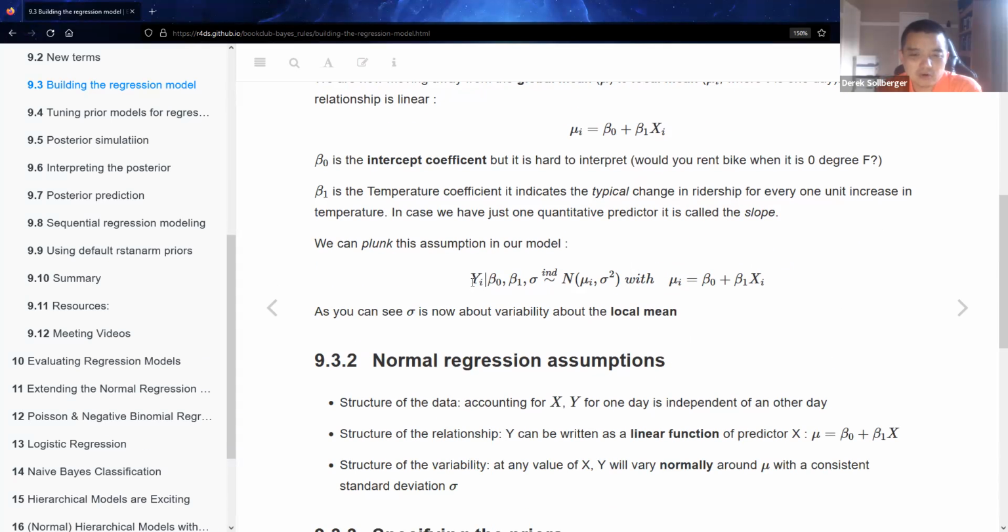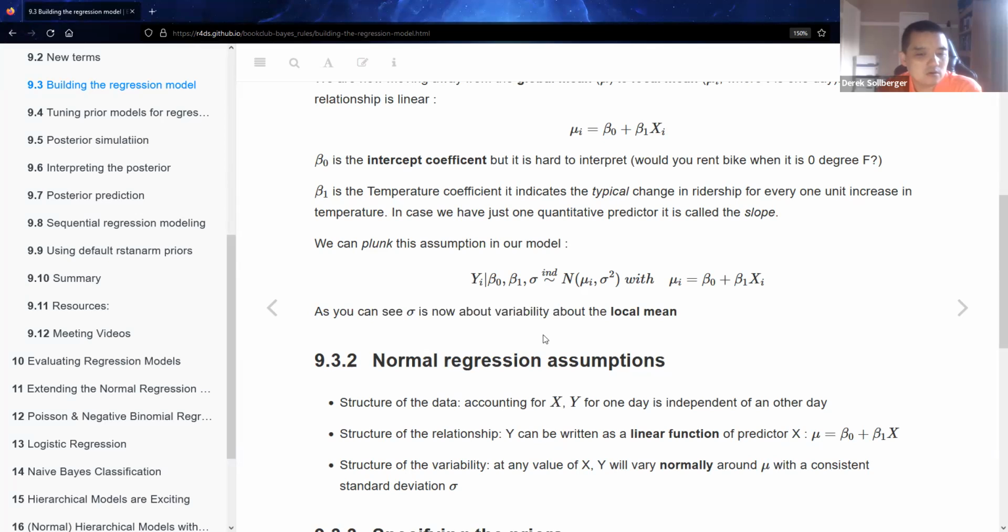So we can now think of our likelihood with these ideas in mind. We are basing our observed counts with these parameters beta naught, beta 1, and sigma. Notice that the folks in the previous cohort didn't want to mention that we have independence from day to day in our assumptions.